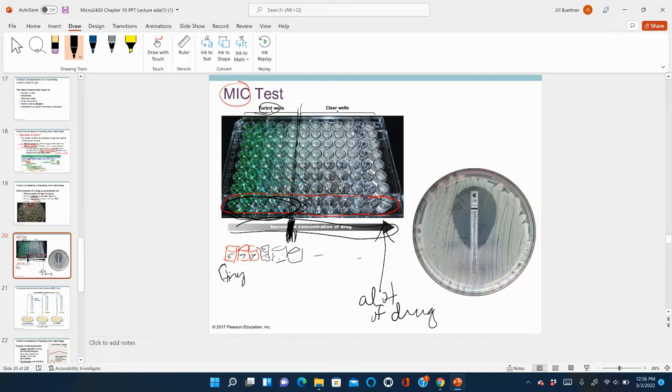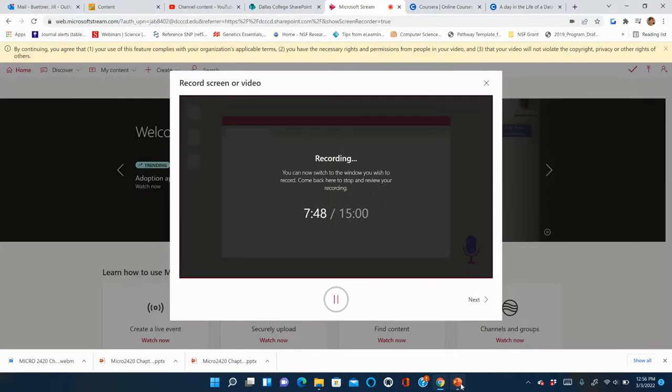That's called the minimum inhibitory concentration. As long as you have this concentration of the drug or greater, the organism cannot grow. However, what you won't know is if the organism is dead inside the well. And so typically you want to go to the next test.